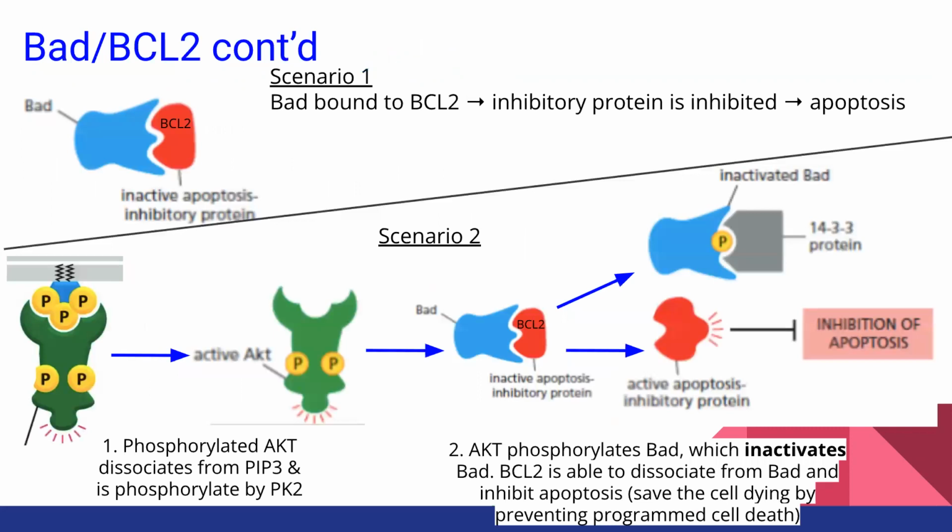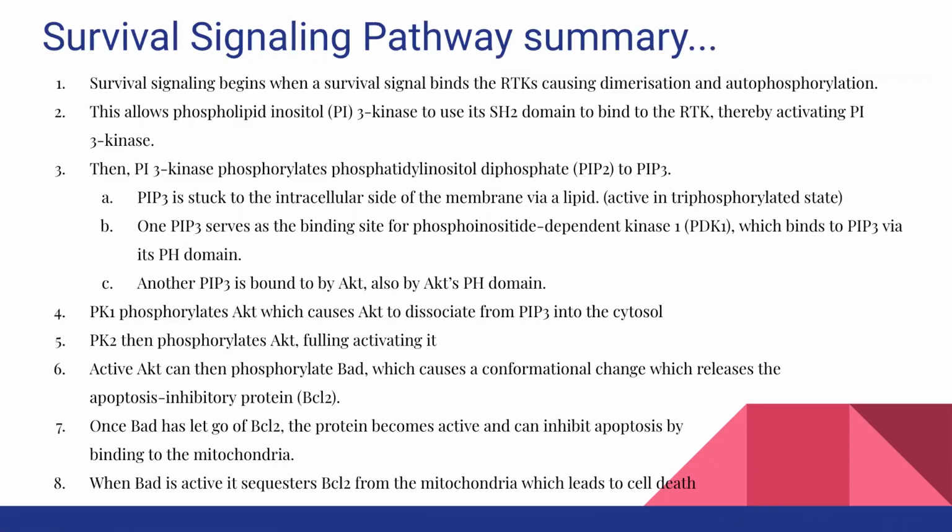Okay, and then this is the same thing, but showing it again. And here's a summary of it. Survival signaling begins when a survival signal binds to the RTKs, causing dimerization and autophosphorylation.